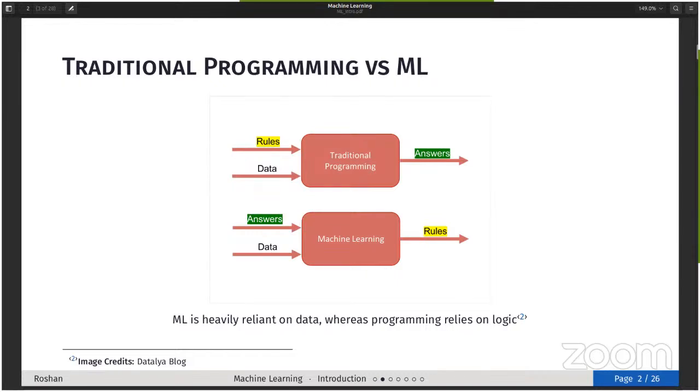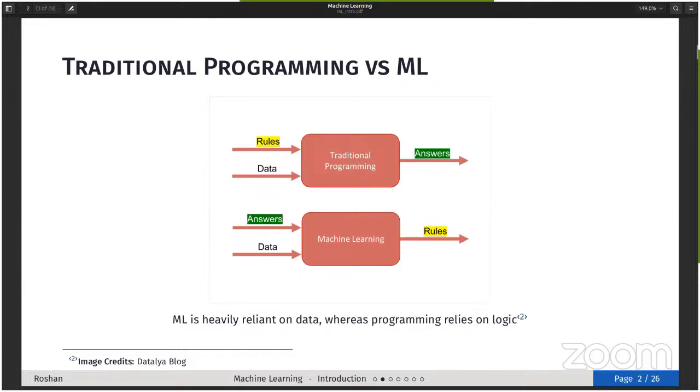In the machine learning case, you combine these two and look at certain patterns. Like, if this particular pattern is in this image, I would say whether that particular patient has cancer or not.